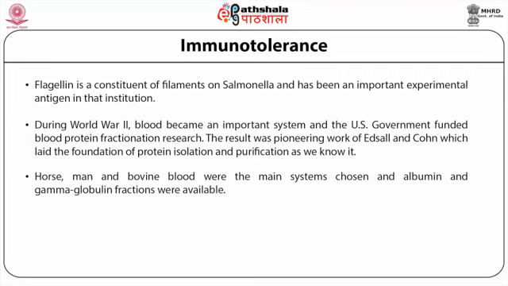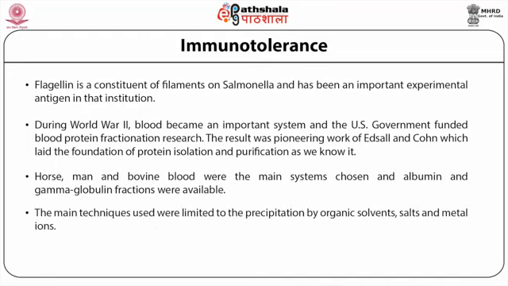Horse, man and bovine blood were the main systems chosen, and albumin and gamma globulin fractions were available. This knowledge, or the protocols generated during that work, led to different laboratories purifying proteins of their interest. The main techniques used were limited to precipitation by organic solvents, salts and metal ions.